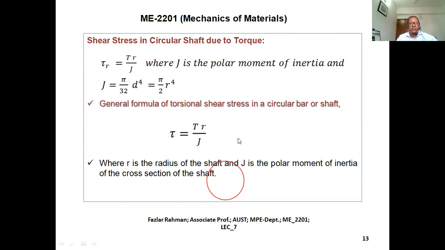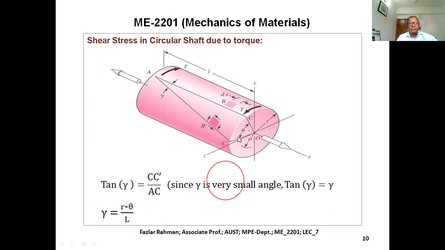If we look, we start from this figure. In this figure, you see initially line AC was straight. When we apply the torque, T rotating anti-clockwise, this line AC came over here. And this is the shear strain, and this much is the angular deformation, theta.